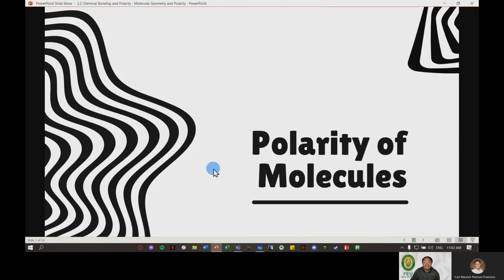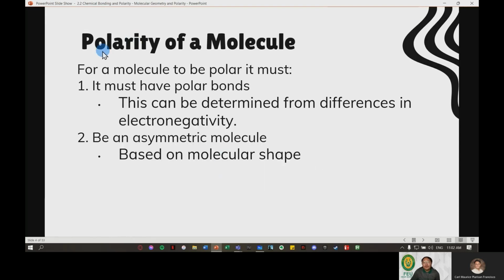Let us have polarity of molecules. When we say polarity of molecule, it easily connotes the idea that covalent compounds, particularly molecules, can be polar or non-polar. Sa madaling salita po, kapag usaping molecule, ito po ay patungkol sa covalent compounds.